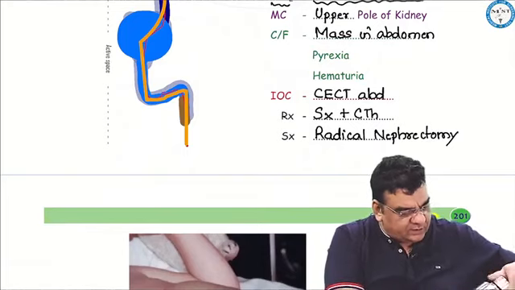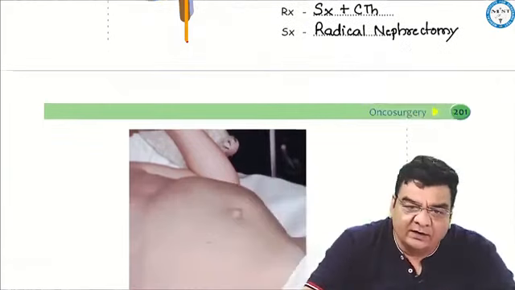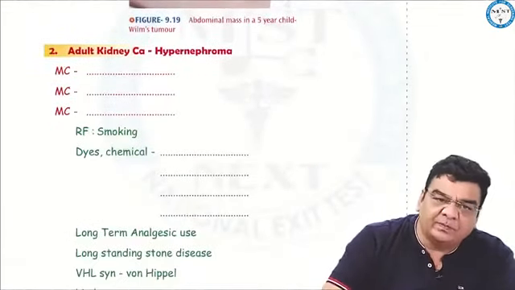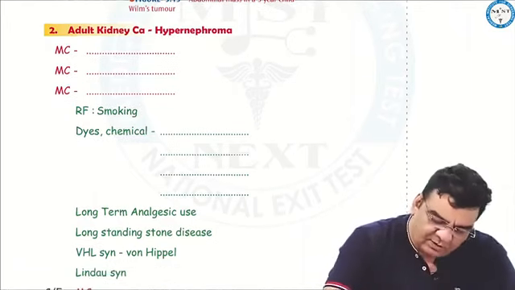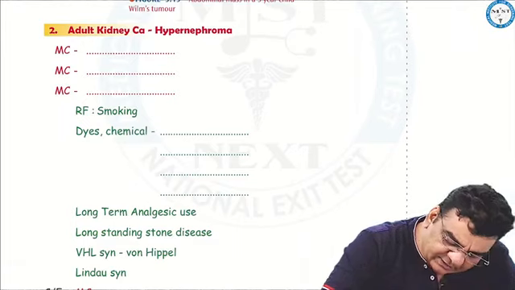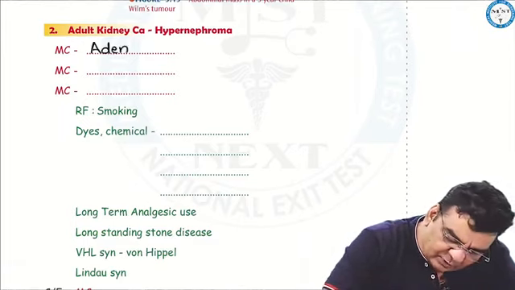If we talk about something related to adult kidney cancer called hypernephroma. Now, beta, most commonly, the adult kidney cancer is an adenocarcinoma.